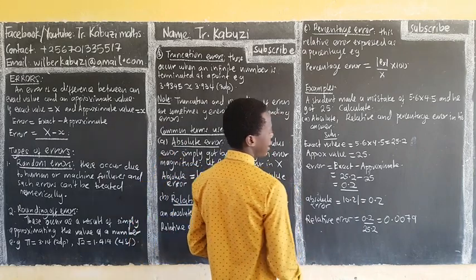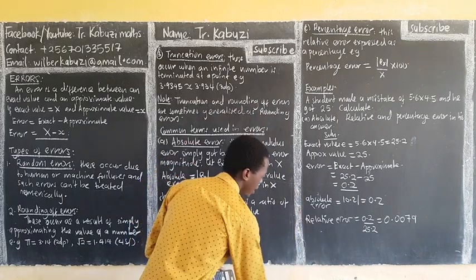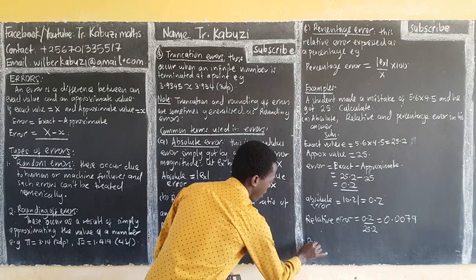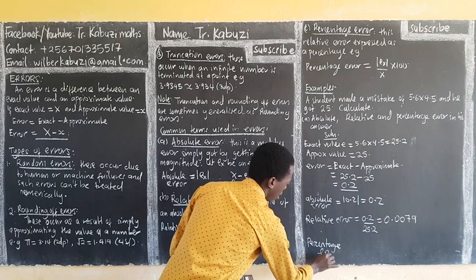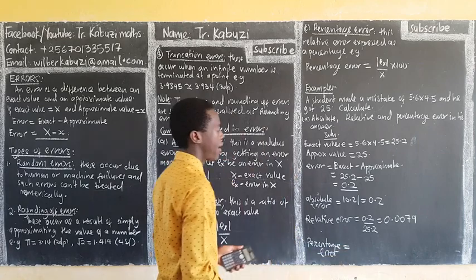We take the relative error and multiply by 100. So our percentage error: we express the relative error as a percentage.